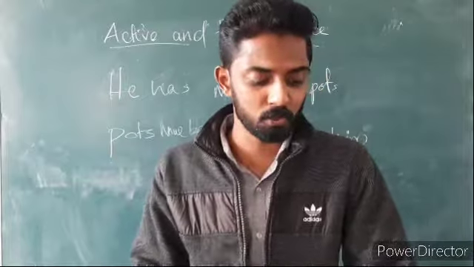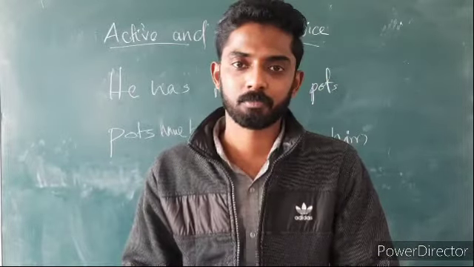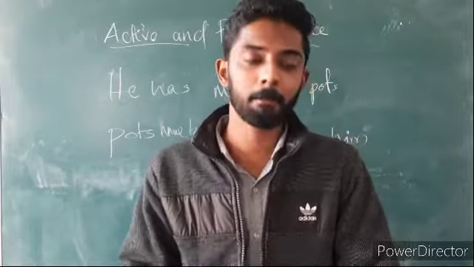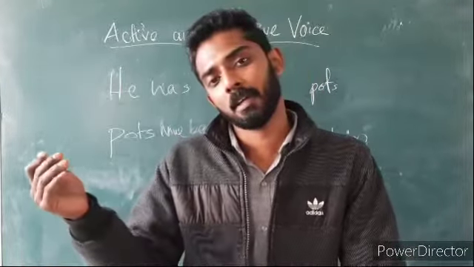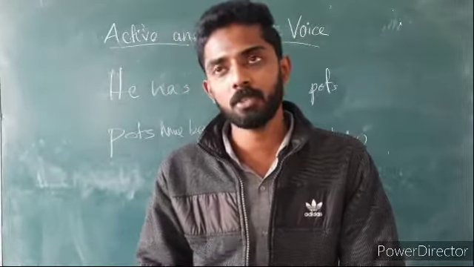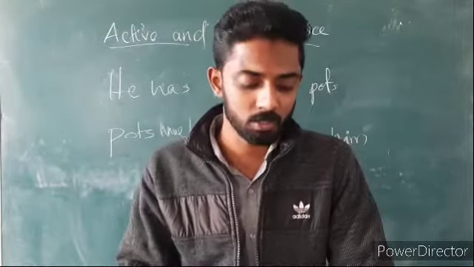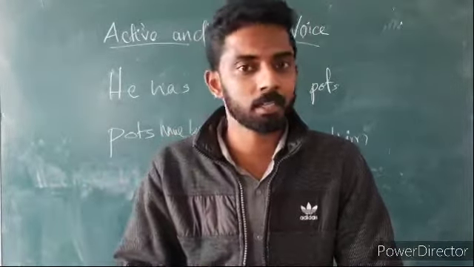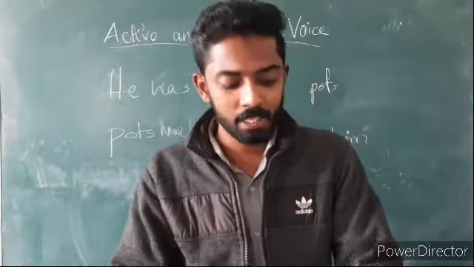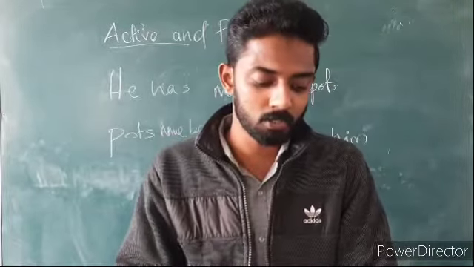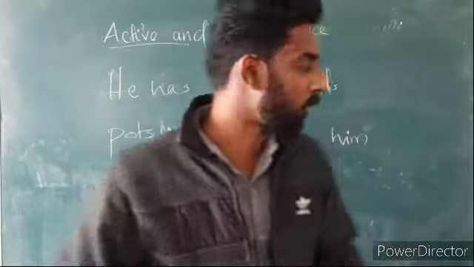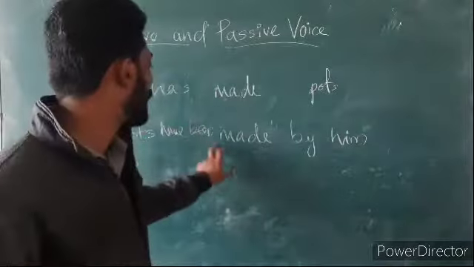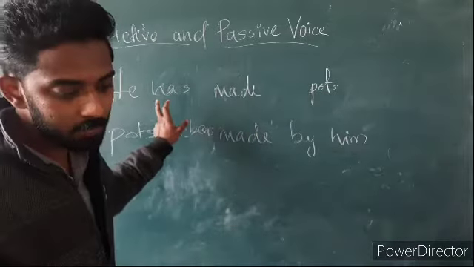The same with the future: he will make pots will be changed into pots will be made by him. For future continuous, there is no passive form, so he will be making pots stays as it is. Then he will have made pots will change to pots will have been made by him.